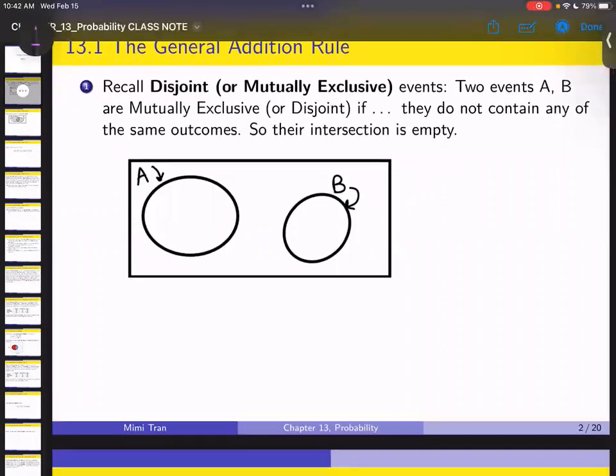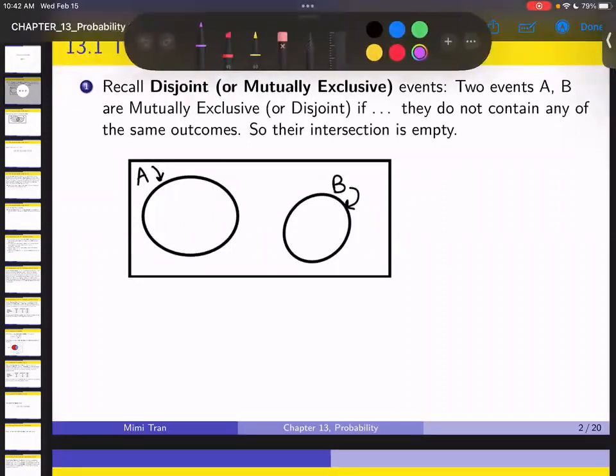Do you guys remember the addition rule for disjoint events, P of A or B? Instead of writing or, I use the upper U for union, right? P of A union B is equal to P of A plus P of B. Pretty straightforward, right? I want a probability of the union of the 2 balls.